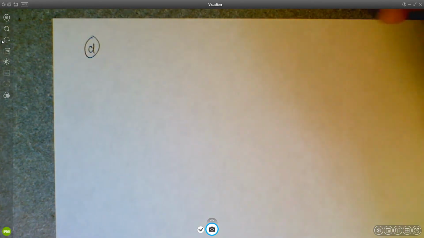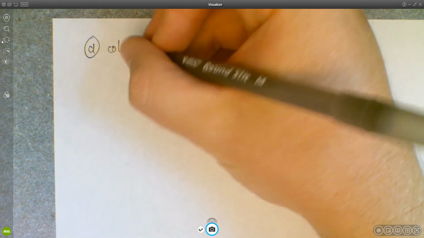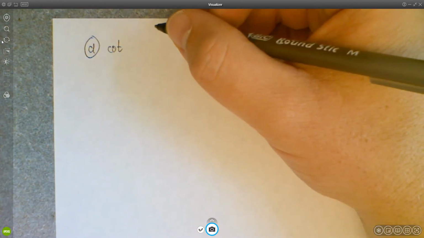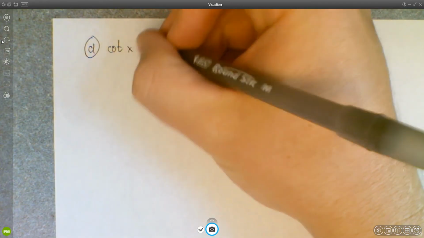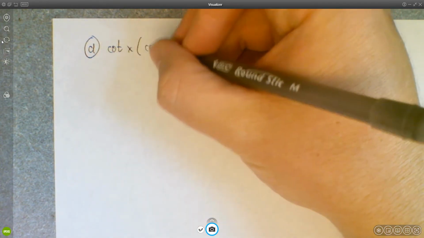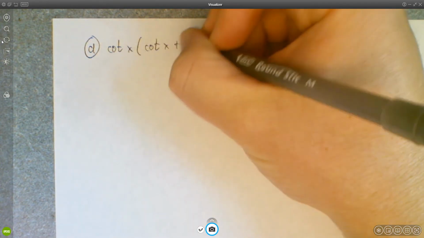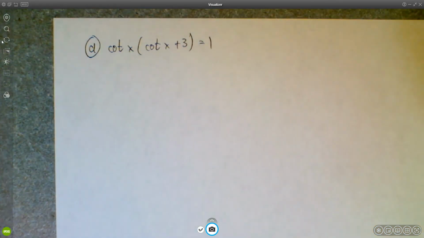But what I want to show you is, what if you were given a cosecant or a cotangent or something like that? What do you do? Well, for those, you can use reciprocal identities, of course. Okay, so let's see if we can solve something involving a cotangent.